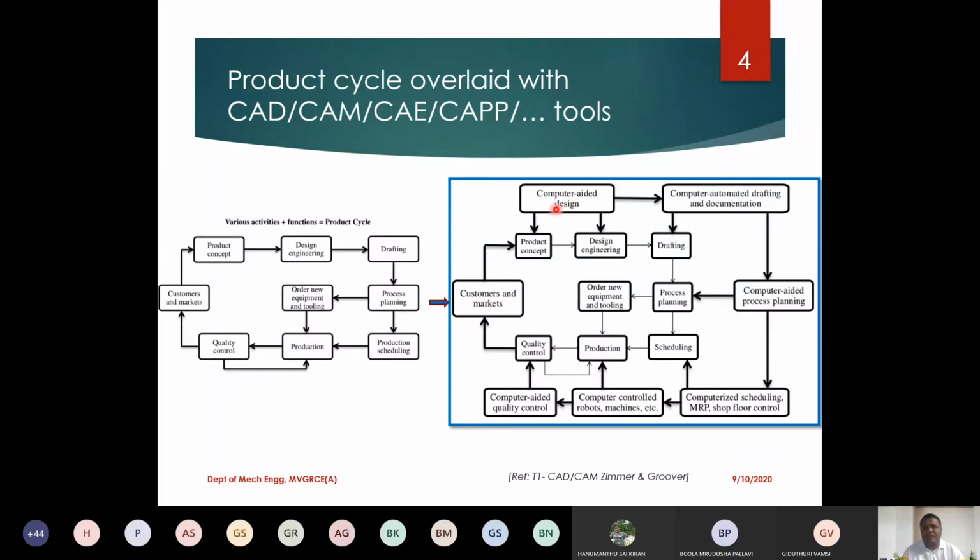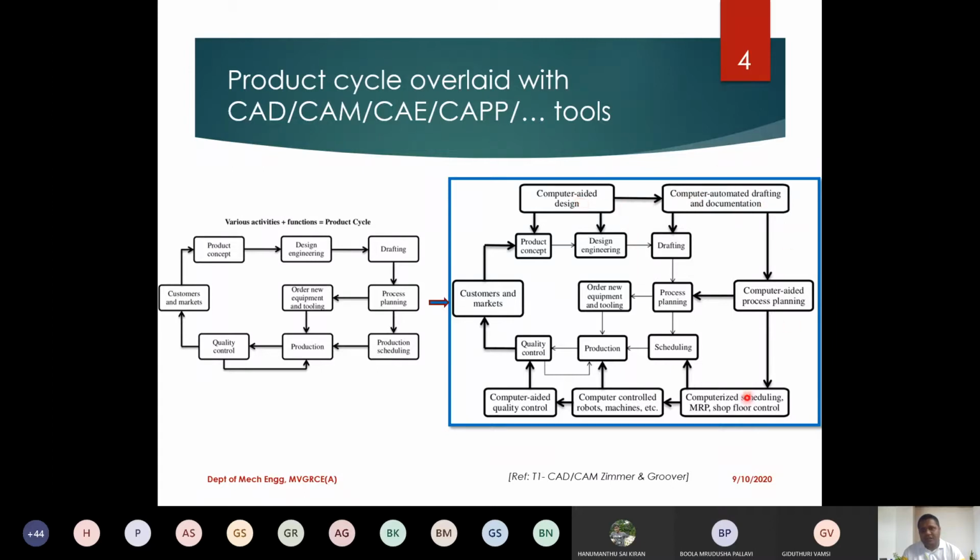For example, computer aided design, CAD, using CAD tools. CAD tools can be used for the development of the concept or for the design engineering, and also to provide information to the computer aided drafting and documentation tool.